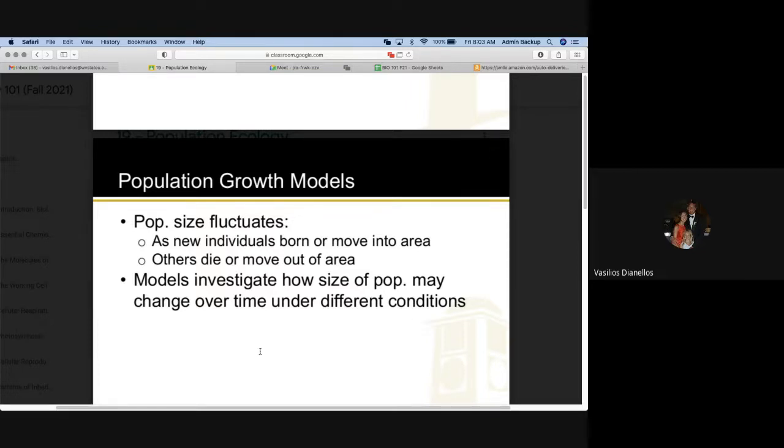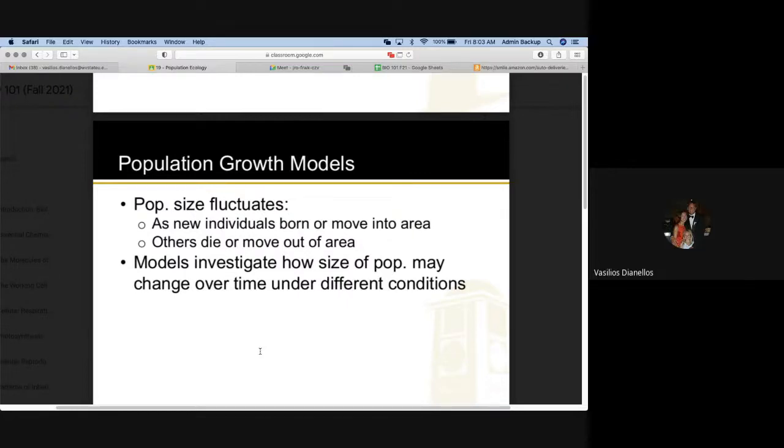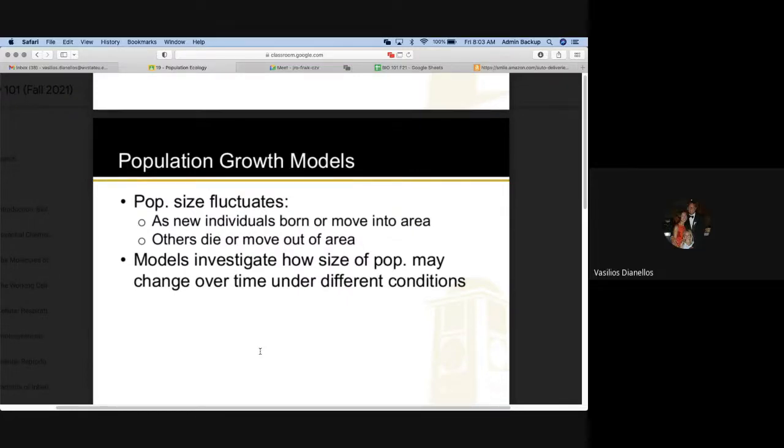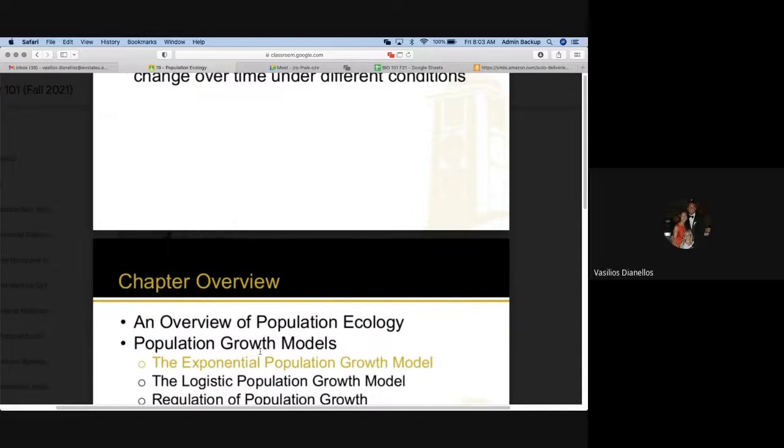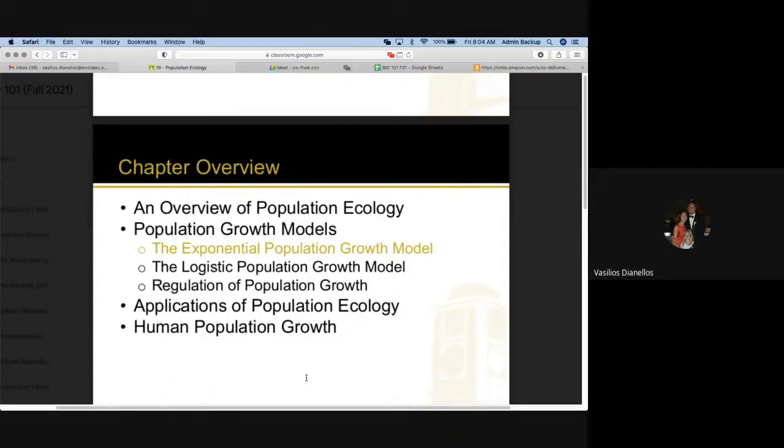And that's just the human population. I also gave examples about the DNR, where you'd be concerned with the size of the deer population or the trout population. But anyway, let's jump into it.